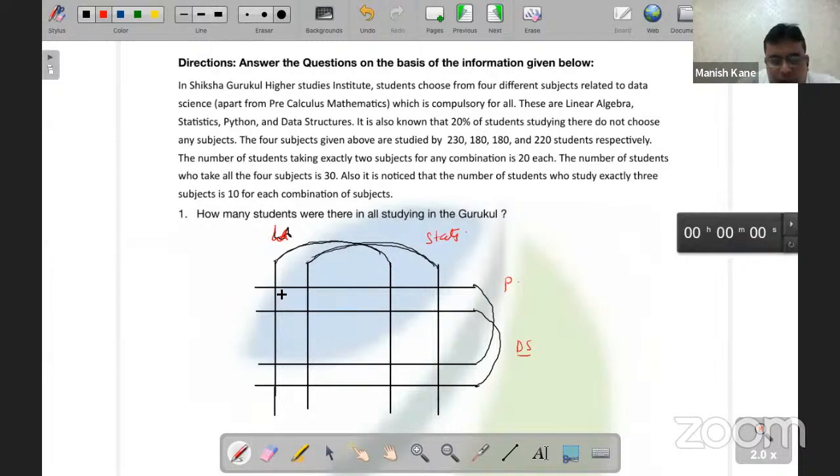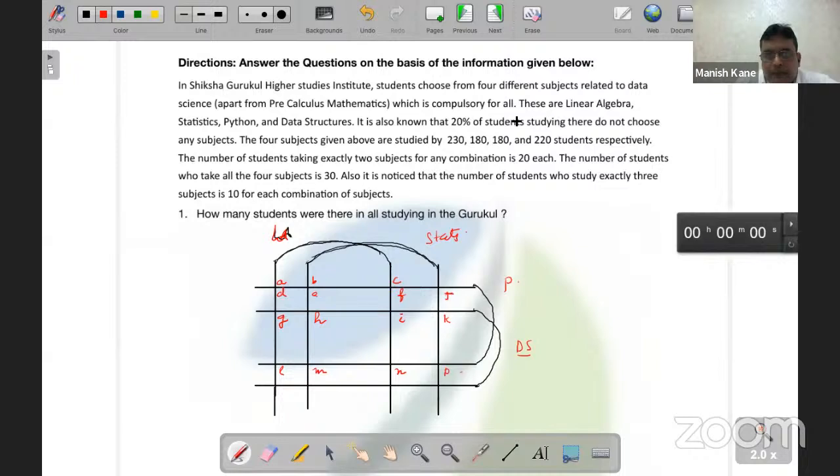And let me also name these areas once again in very small: A, B, C, D, E, F, G, H, I, J, K, L, M, N, and P. Okay, so we've named all our areas.